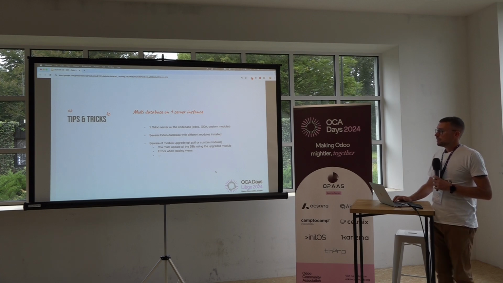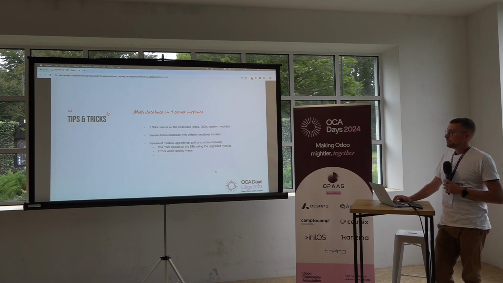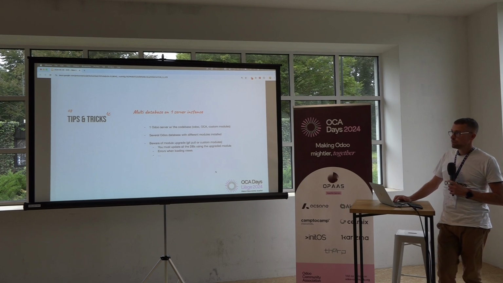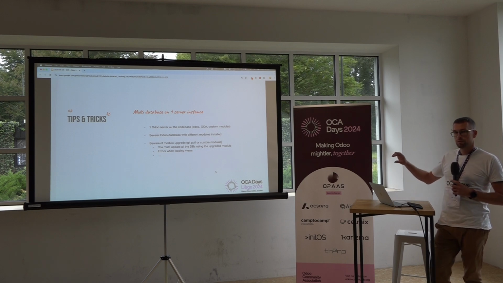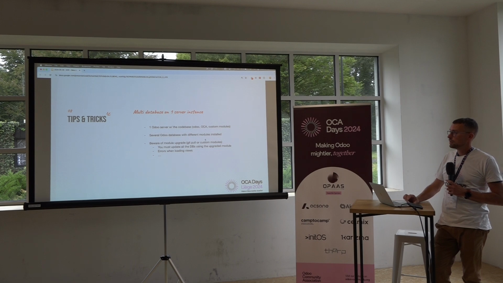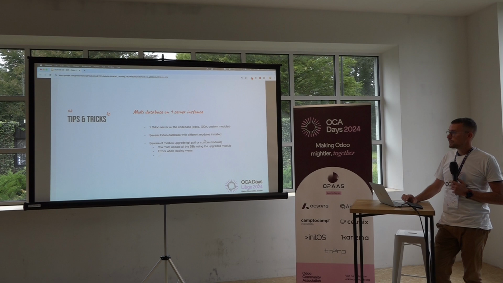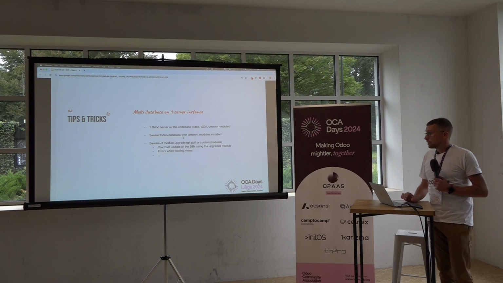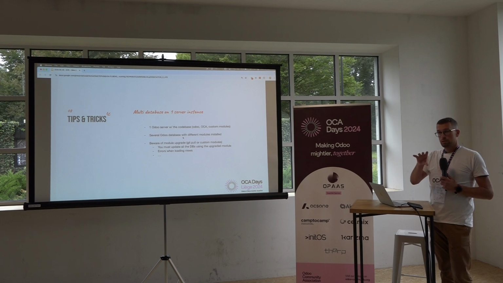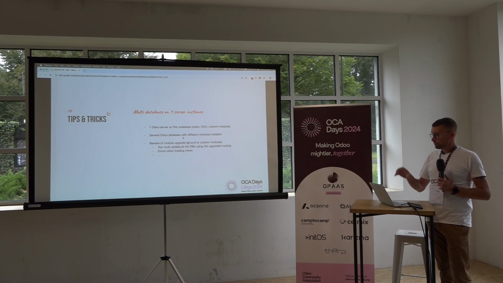A last tip. You can have one Odoo server with a lot of modules, and you can have several databases with different modules installed, but they will share the same code base. By doing this, you can have Sales installed for one customer, the CRM for another.